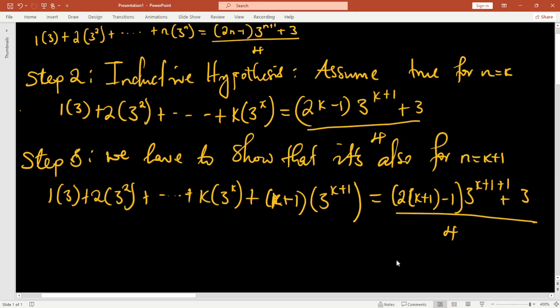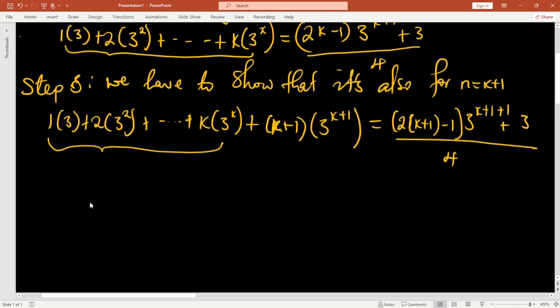Alright, now when you look at this step number 3, starting from the first term up until the kth term, this gives us all the terms that we have on the left hand side of the inductive hypothesis. Meaning that we can just substitute with the right hand side of the inductive hypothesis where we have these terms.